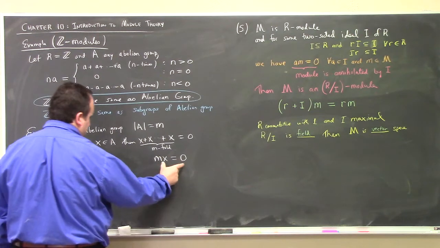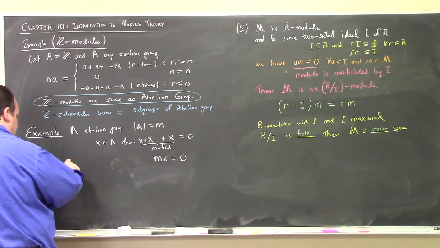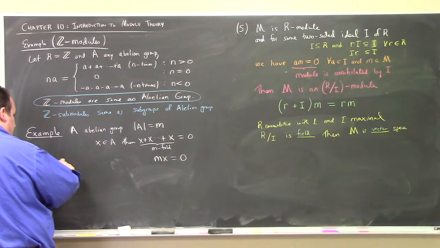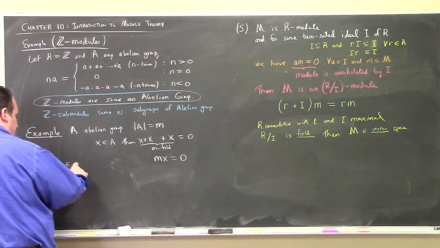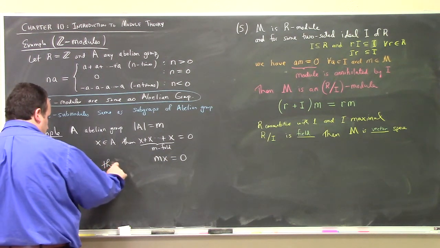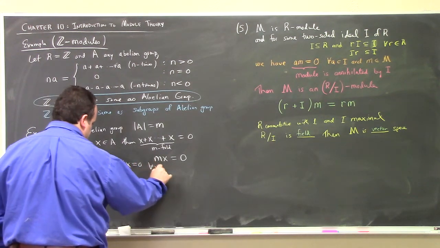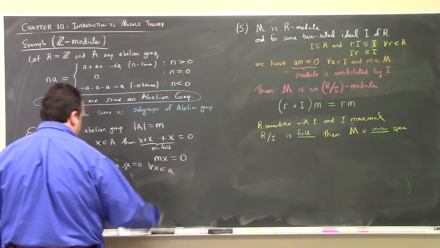The point is that if you let j be an element of any multiple m of the integers, then certainly jx is equal to 0 for all x in A, right?